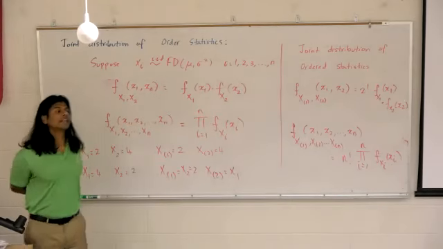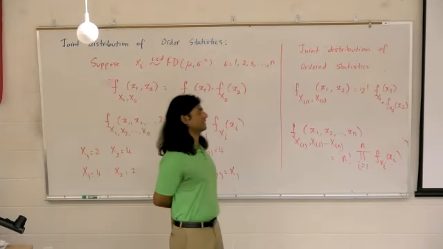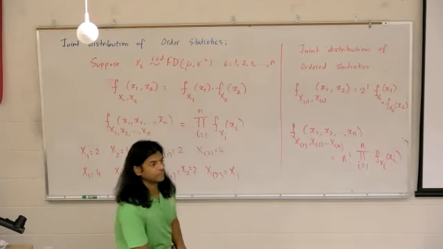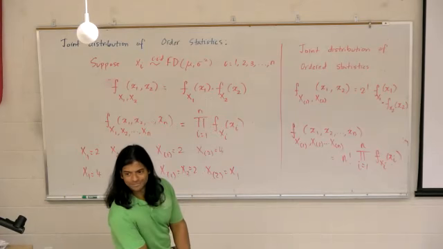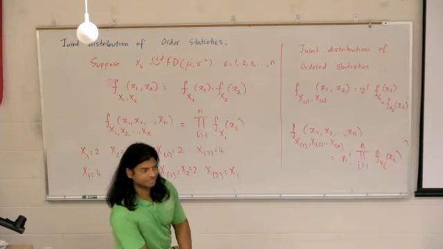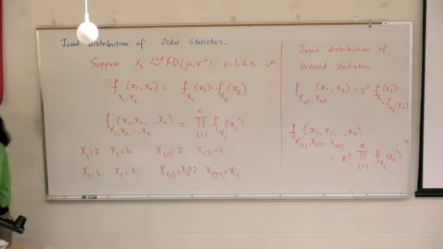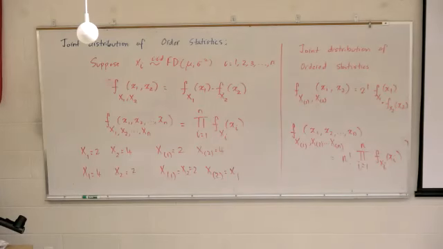Ask the question again. Second and the third order statistic. Joint distribution of the second and the third. Would it still be 2 factorial? It'll still be 2 factorial because you still have 2 items to order. So x2, x3, or x3, x2.